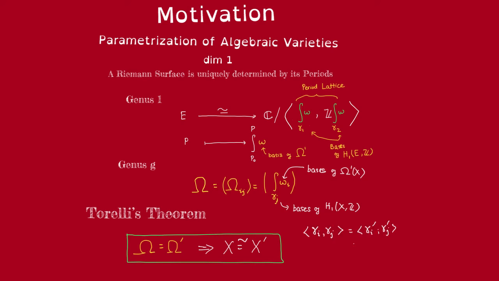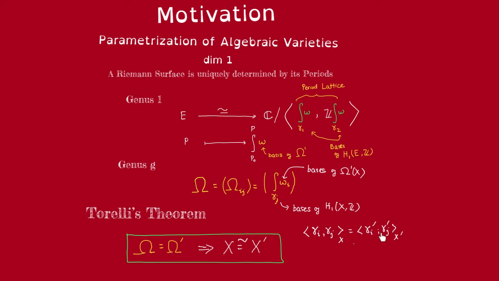So we have to add the condition that we choose a basis of first homology classes here and here in X prime in such a way that the intersection numbers agree. This is the intersection form over X, and this is over X prime.